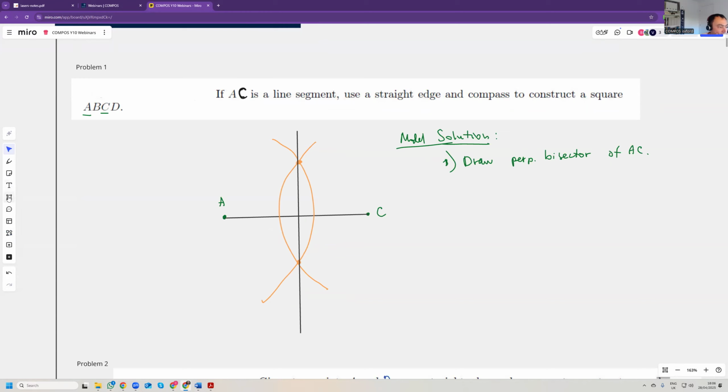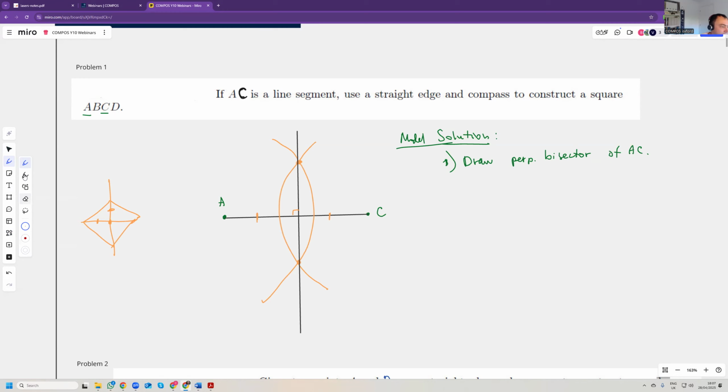Then, well, we know that this is a right angle, and this side is equal to this side. We know that the diagonals of a square intersect, and the point of intersection bisects them. So in effect, this side is also equal to this side.